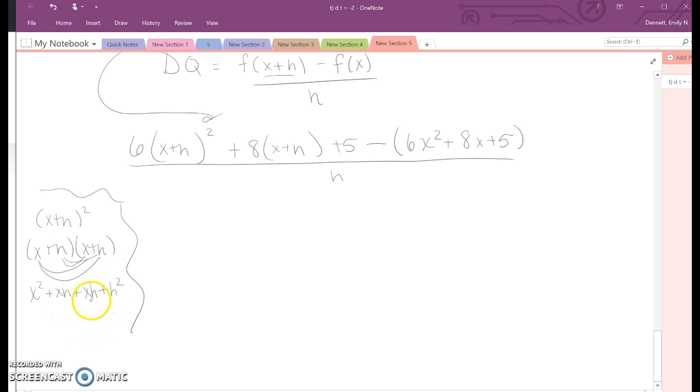So these two terms we can combine like terms and say x squared plus 2xh plus h squared. So that's what we're going to plug in right here. So we'll have 6 times x squared plus 2xh plus h squared. And I'll just write out what we have.